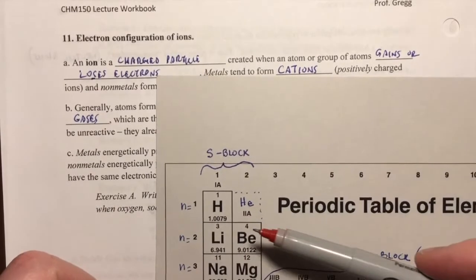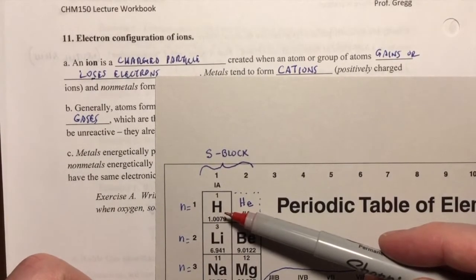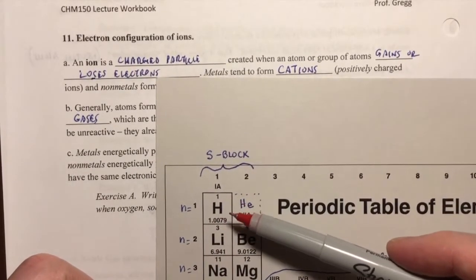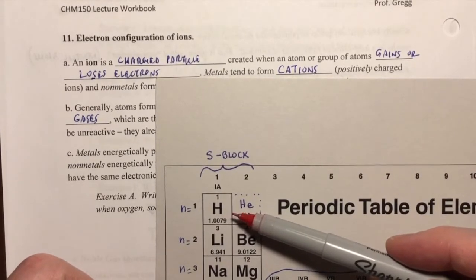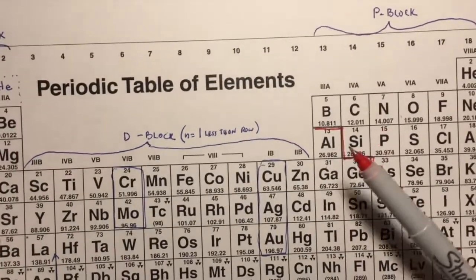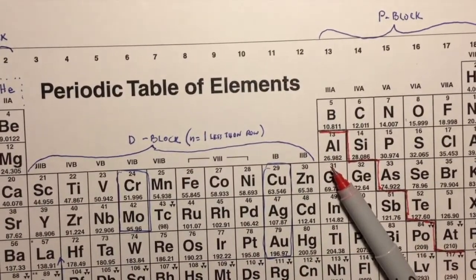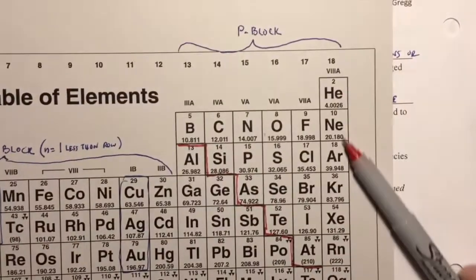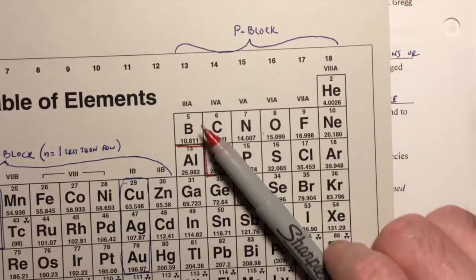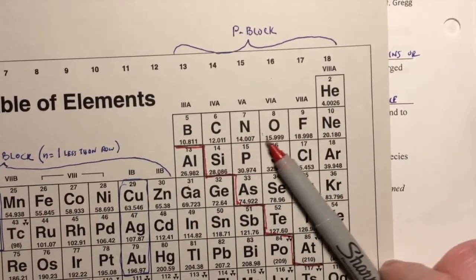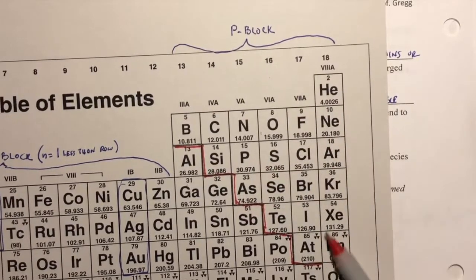Hydrogen is way over here to the left of the stairs, but it is a nonmetal. Okay? Metals tend to lose their electrons to become isoelectronic with their noble gases. Nonmetals tend to gain electrons to become like their noble gases.